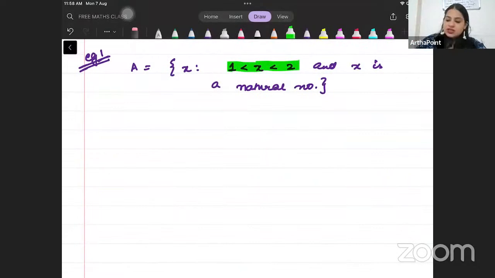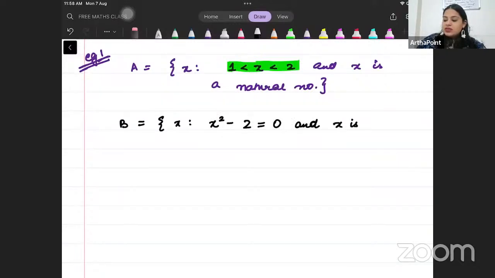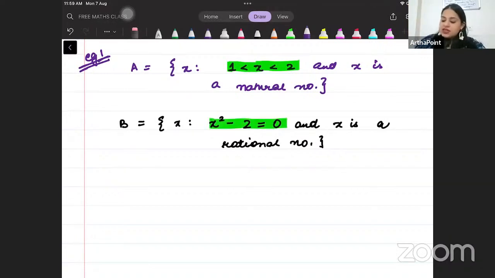Acha beta, take the next example. B. x is such that x square minus 2 is equal to 0, and x is a rational number. ठीक है beta, when I say x square minus 2 is 0, what does this mean? इसका मतलब है कि x square is equal to 2.